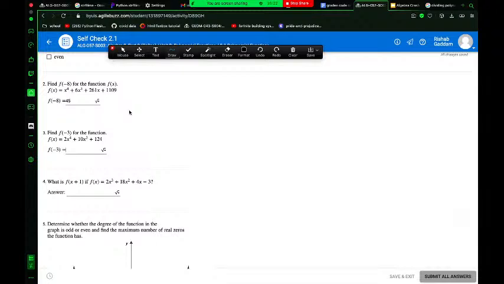Well, first of all, I know that f is equal to 2x exponent 4 plus 10x exponent 3 plus 124. Then I multiply that and subtract it by 3.